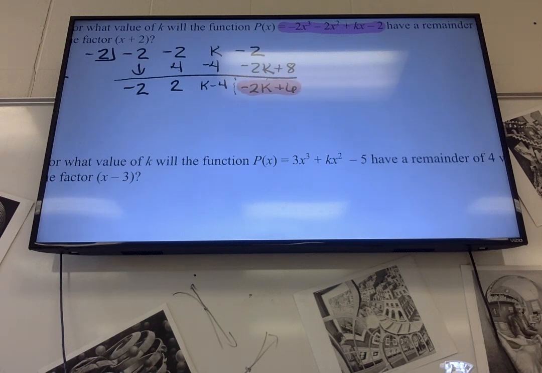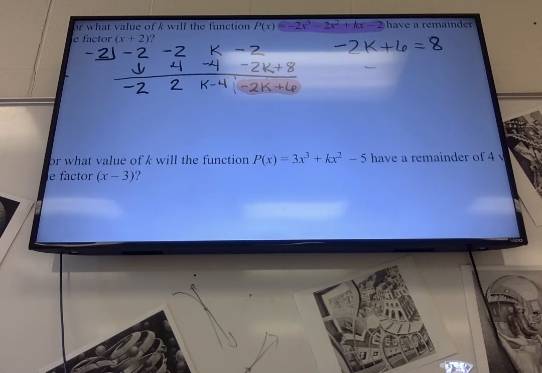So how can I set it up so I'm going to have a remainder of 8? Negative 2k plus 6 equals 8. Subtract 6. Negative 2k equals 2. Divide by negative 2. There's our k. So k is negative 1. Then we have a remainder of 8.